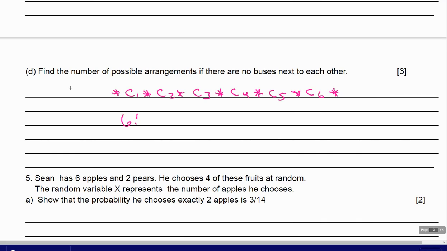different. Okay? Now, in this case, I've got 1, 2, 3, 4, 5, 6, 7 spots to put buses. But how many buses do I have? This is one. Do you see how I've got 7 places to put buses, but I've only got 3 buses?